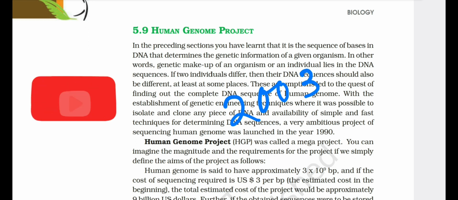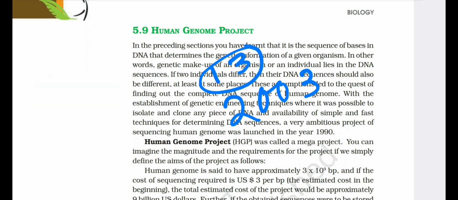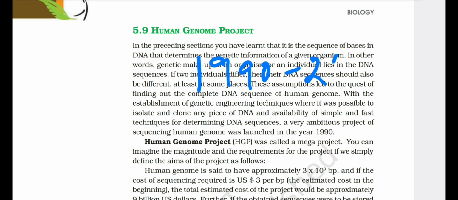It took a total of 13 years, from 1990 to 2003, to sequence the whole human genome, which consists of 3.3 billion base pairs.